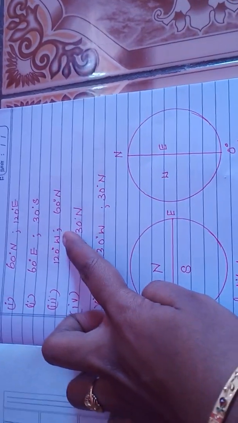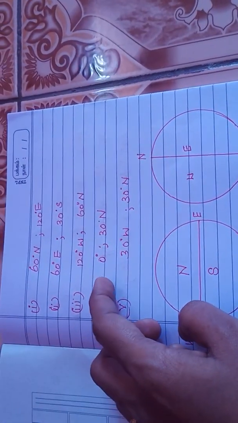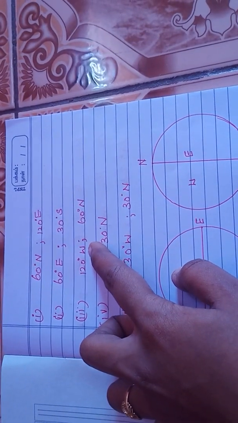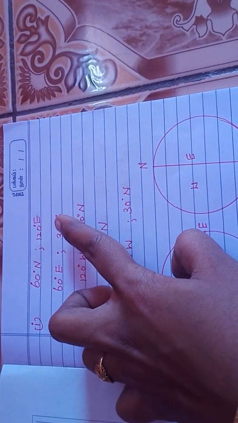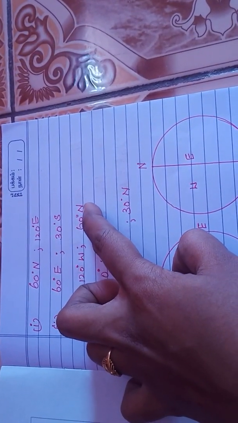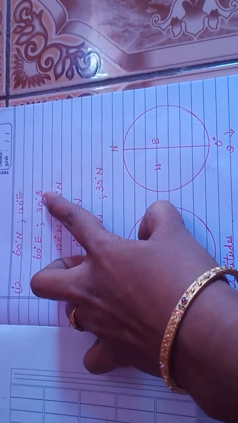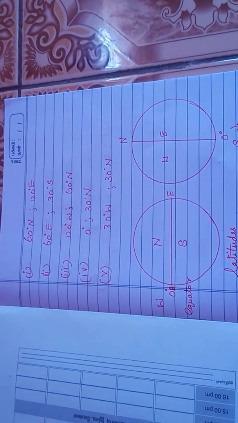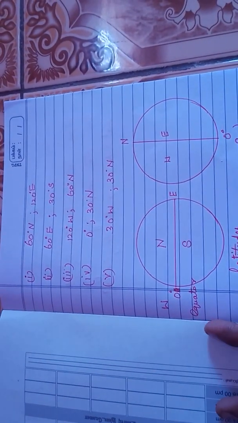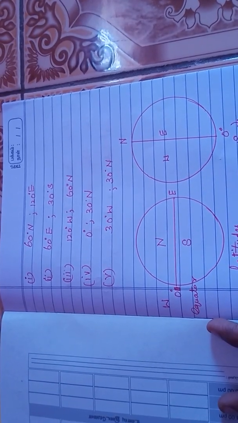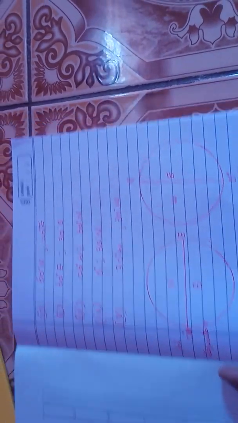Again, longitudes are mentioned with east direction and west direction, and the latitudes are mentioned with north direction and south direction. So now we are going to see how to locate the places by using latitudes and longitudes in the world map.